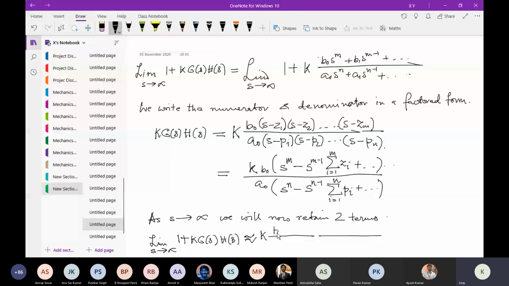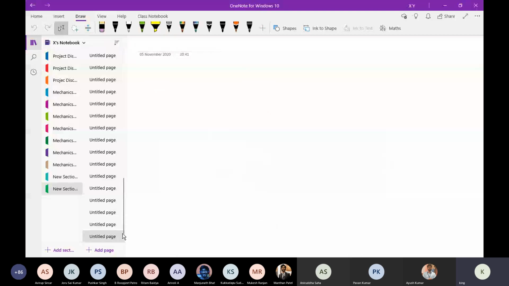So you will have K B0 A0 and it will be summation of the zeros, summation of the poles of this GSHS thing. So we'll do some further manipulations.